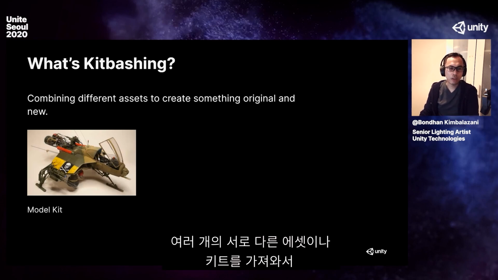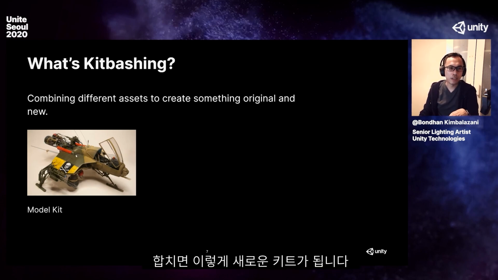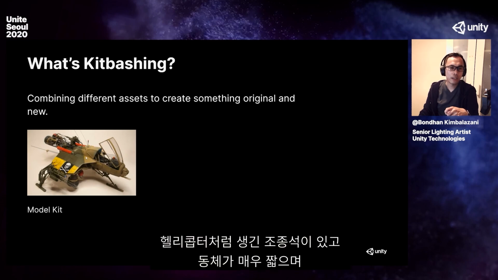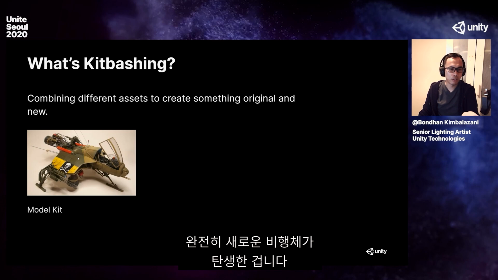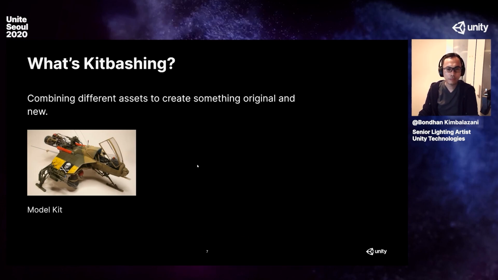They took two or multiple different assets or kits and combined them into a new kit like this one. It's the cockpit of a helicopter combined with the shape of a very short plane, and rockets, and voila, you got your new unique vehicle.